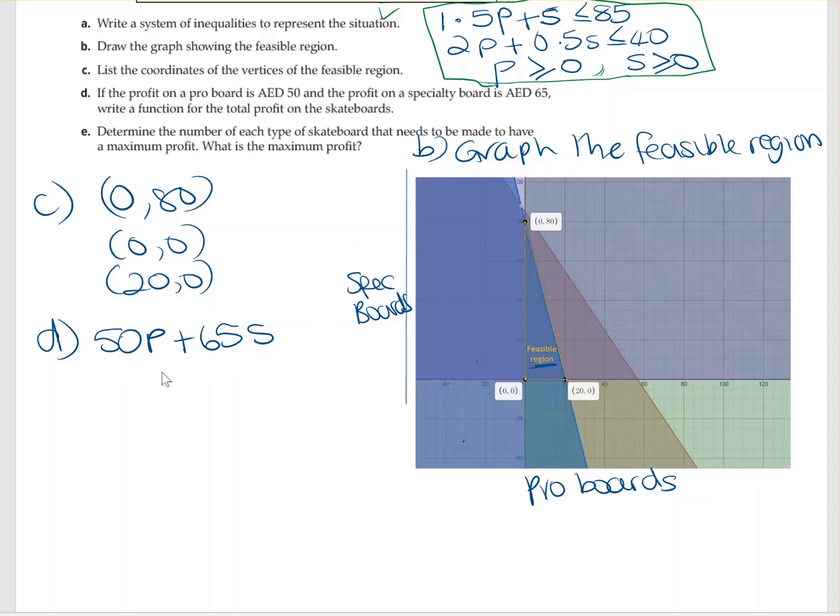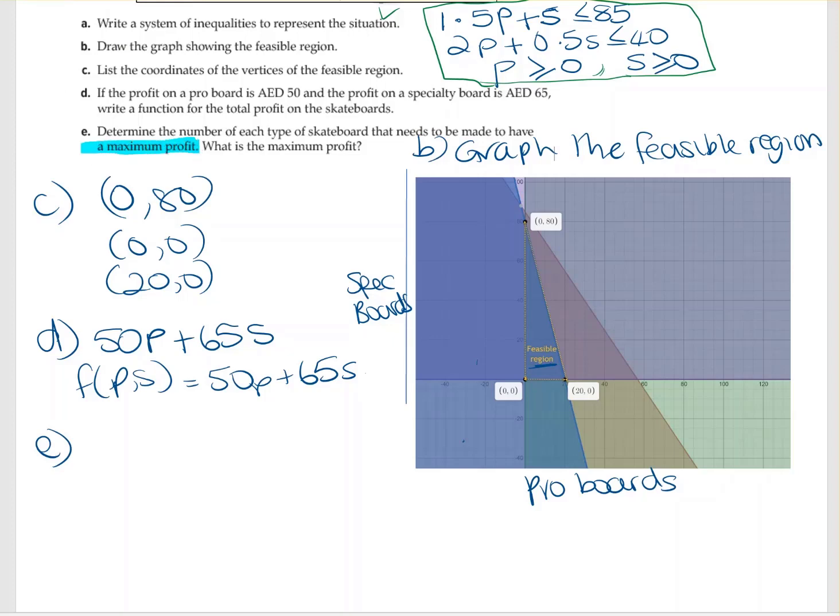So we can say F of P and S is equal to 50P plus 65S. So this is going to be our formula for our profit. Then we have E. E says determine the number of types of skateboard that need to be made for maximum profit. So we're looking for the maximum profit.